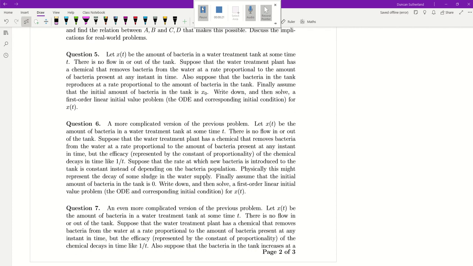Let x of t be the amount of bacteria in a water treatment tank at some time t. So from that sentence, we know our independent variable, and we know our dependent variable.